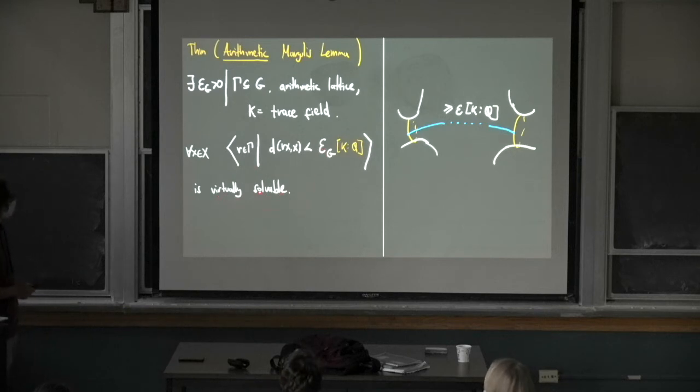Geometrically, what this is saying is that if the degree of the trace field is very large, then there are no two short loops nearby, but actually they have to be very far apart.